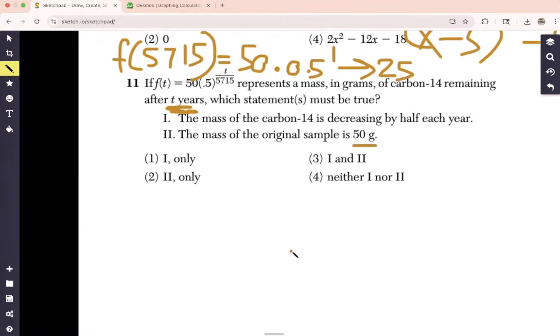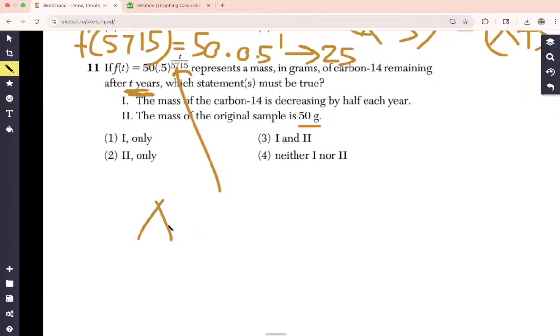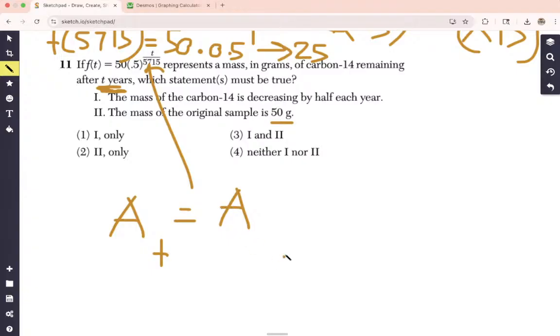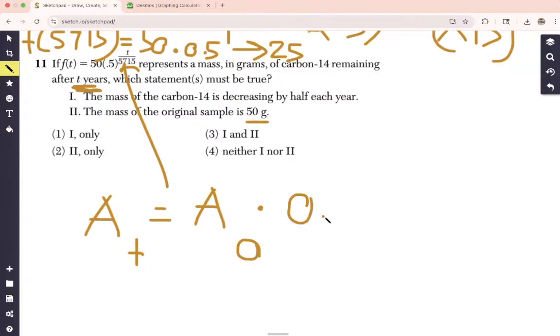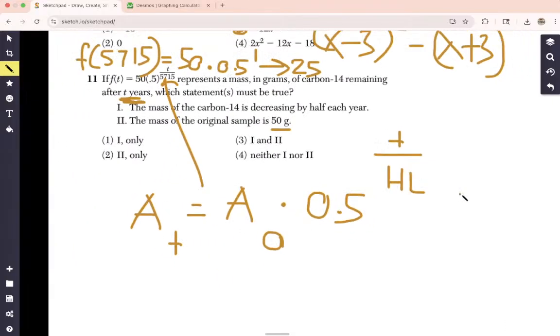Notice how this formula is basically an exponential function: the initial amount multiplied by 0.5 to the time over the half-life. This is the formula for half-life.